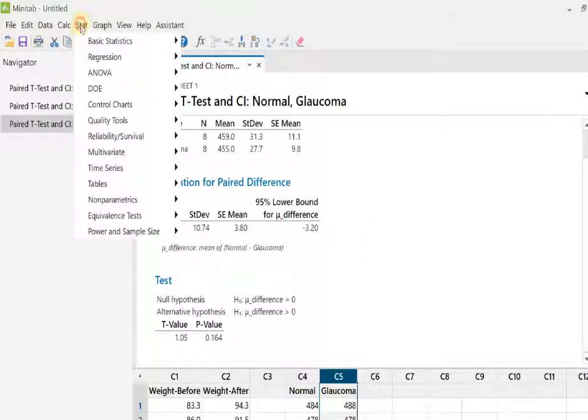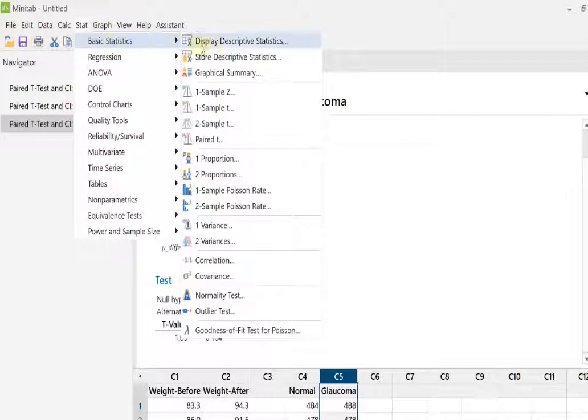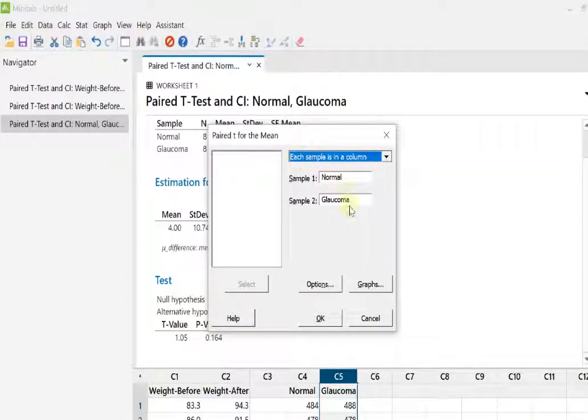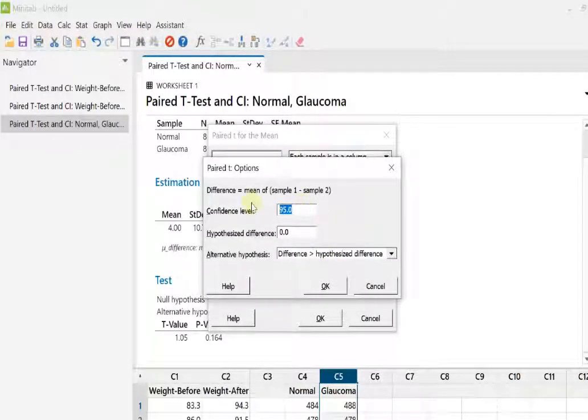I'm gonna go to stat, basic, down to paired T. The selections are fine. I'm gonna go options, change 90 to 80%, whatever you may be interested in, but make sure you change the alternative to not equal in order to do a correct confidence interval.